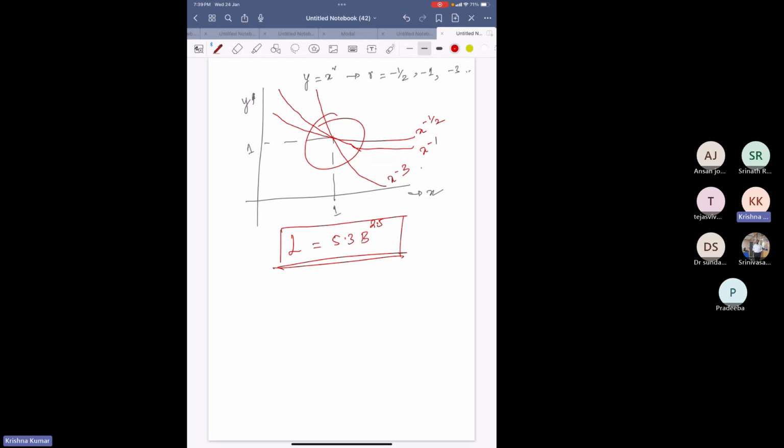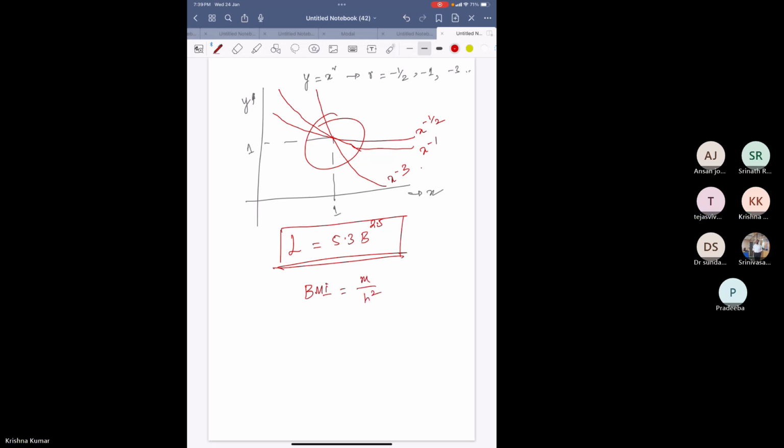What's a more famous equation which is close to this? Anyone? Doctors? Equation BMI. Fantastic. What is BMI? Height in meters. M by h square.